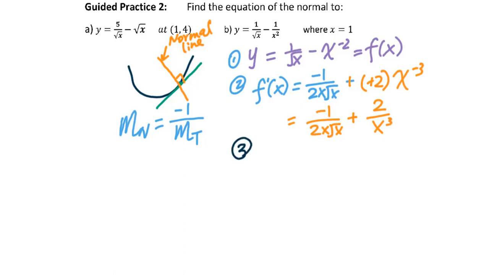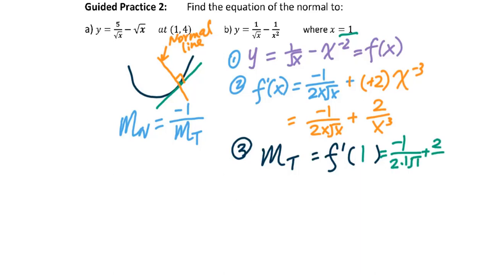Then the third step, you got to get the slope of a tangent line equals f prime of, they already told you here's x equals 1, so here's 1. We plug in, you will get negative 1 over 2 times 1 square root of 1 plus 2 over 1 to the third power.